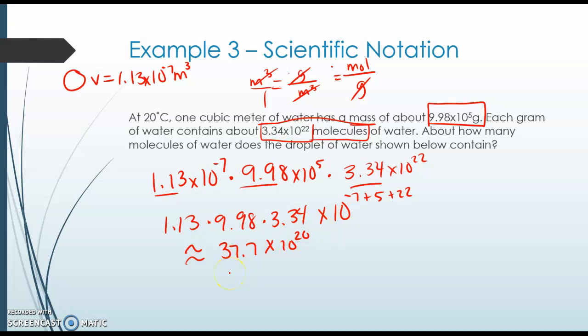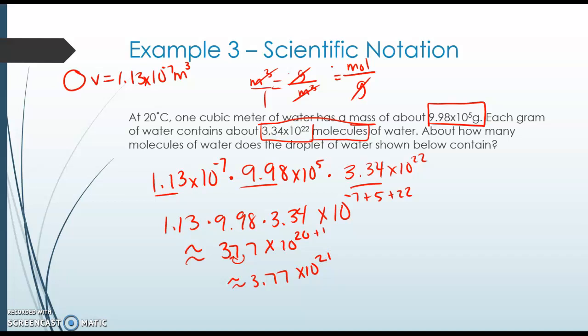Now the thing is with scientific notation, our number has to be a single digit number, which means I can't keep this as 37. I need to move my decimal over and make this approximately 3.77 times 10. And because we moved it to the left, we actually add 1 because that's one extra move we have to make to the right. So now we're 10 to the 21st power.